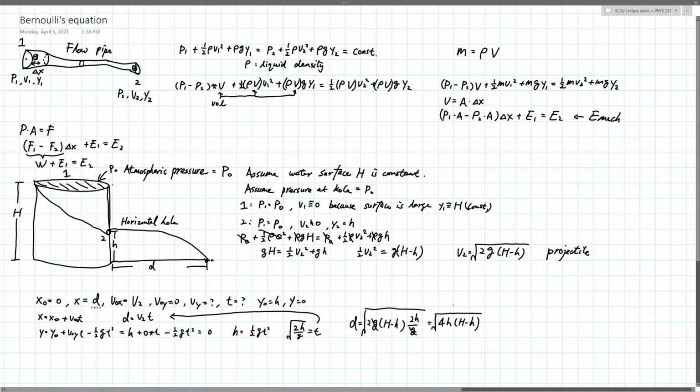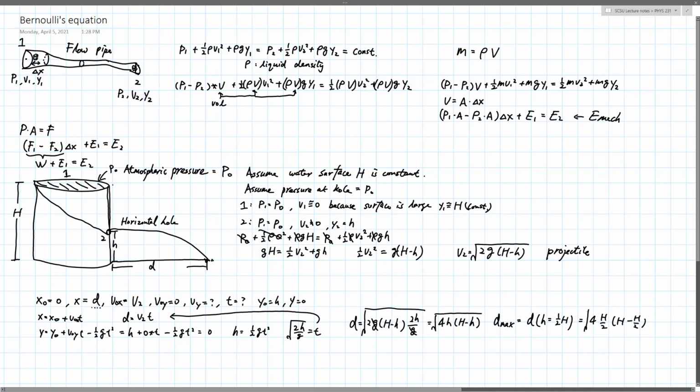So what is the maximum distance that you can get from this? If you increase the height, this factor increases, but this whole factor decreases because you increase this negative h. So it ends up being that the max d is when lowercase h equals 1/2 the uppercase H. So you drill a hole halfway between the water surface and the bottom, and so d will be equal to the square root of 4 times H over 2 times H minus H over 2.